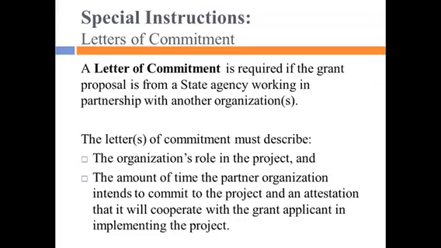Also, we want to make a quick note on letters that may be required for you to submit with your proposal, depending on your situation. If a state agency submits an application in partnership with another organization, the state must provide a letter of commitment from the proposed partner. State agencies submitting an application on their own do not need a letter of commitment. Letters may be addressed to the FNS grant officer, Kimberly Shields.